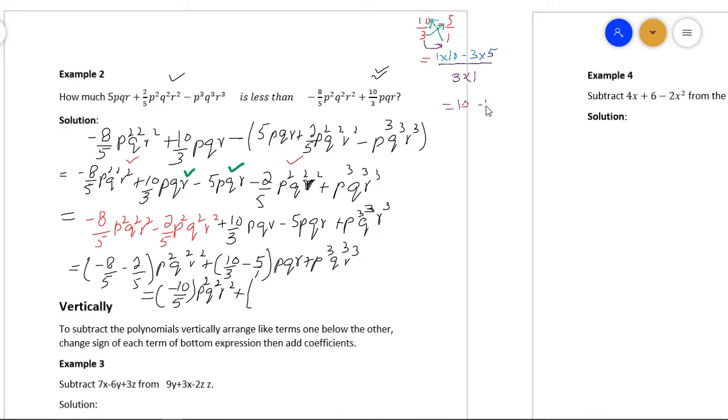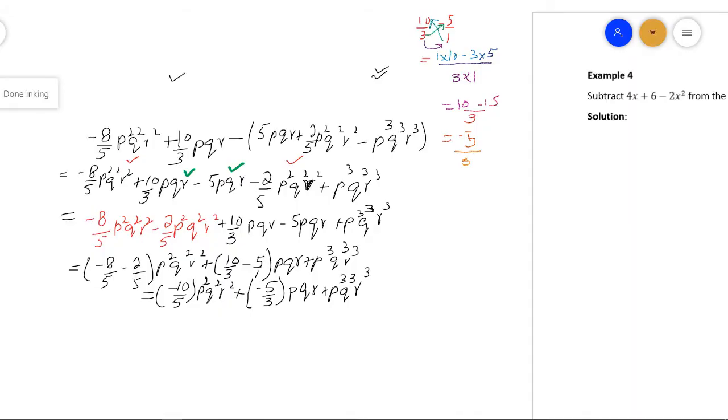Now it is 10 minus 15 by 3 and will come minus 5 by 3. So it is minus 5 by 3 pqr plus p cube q cube r cube. Hope you will understand. Okay, move to the next topic.